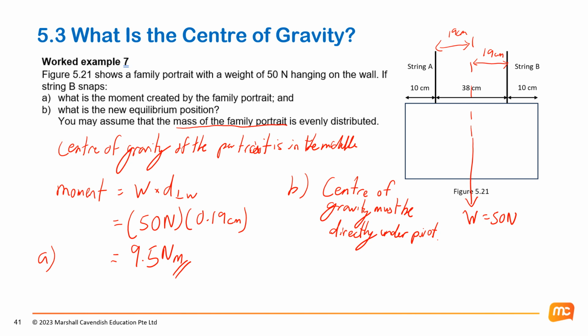String B has snapped, so our pivot is very clearly the connection between string A and the portrait. So what it's going to look like is something like this. Not really the best drawing, but we see over here, this is where the weight is and is acting directly underneath string A because my pivot is where string A is connected to the family portrait.